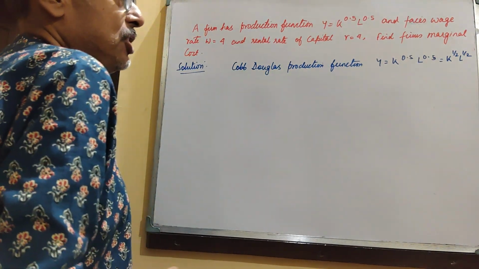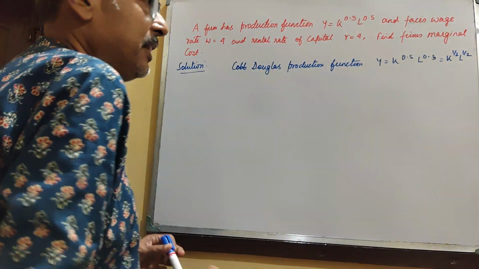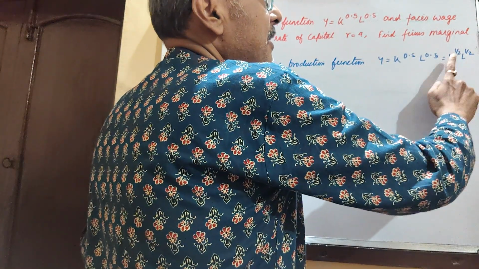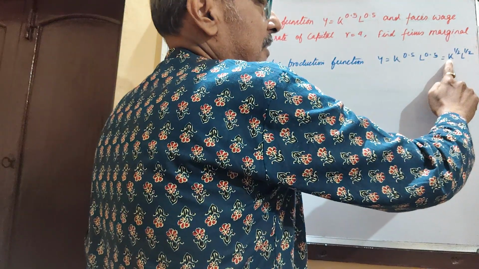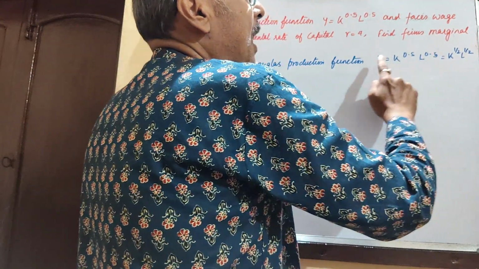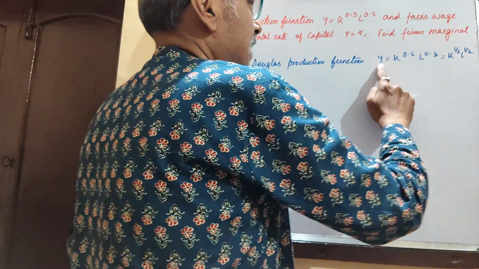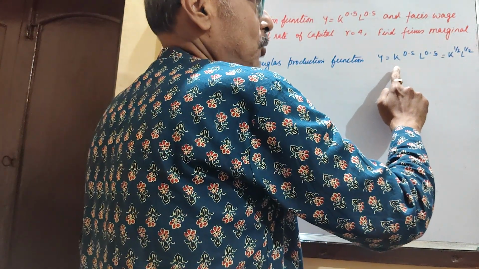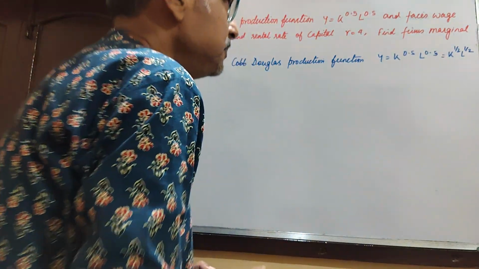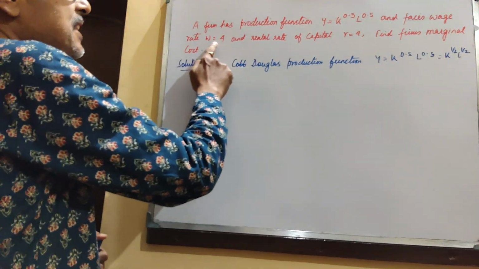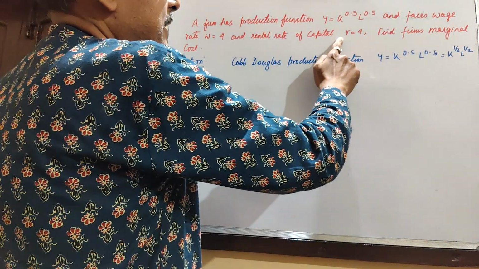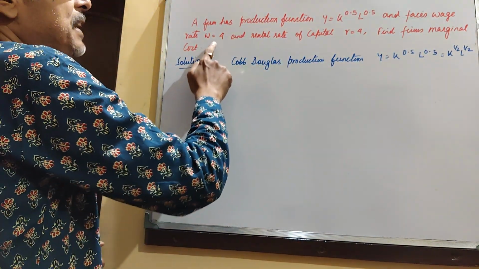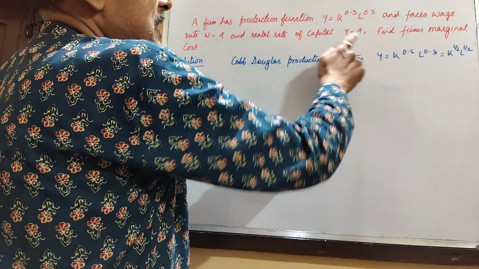This production function shows that with the help of two inputs, labor denoted by L and capital denoted by K, output Y is produced, and this form is called Cobb-Douglas production function. Wage rate is given as 4, rental rate of capital is also 4. That is, the price of labor is 4, price of capital is 4.